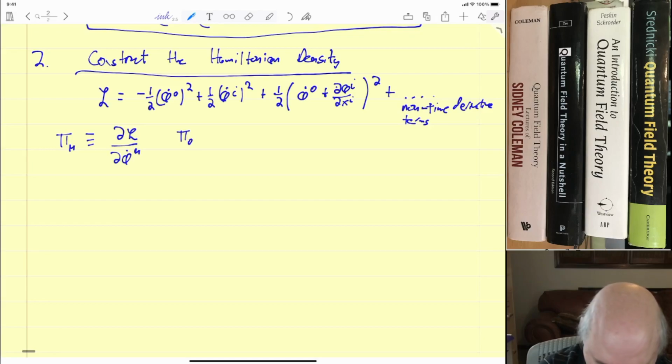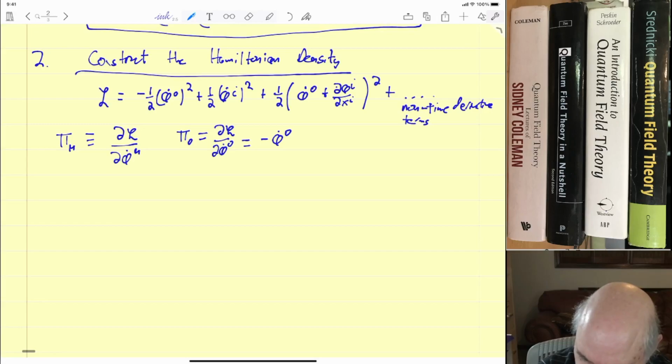The true canonical momentum, pi 0, is equal to the partial of L with respect to phi dot 0. So let's take that. That's why I wanted to isolate this. So this is equal to minus phi dot 0. And then when we take the derivative of this term, we get 2 times a half, that cancels, times this term.